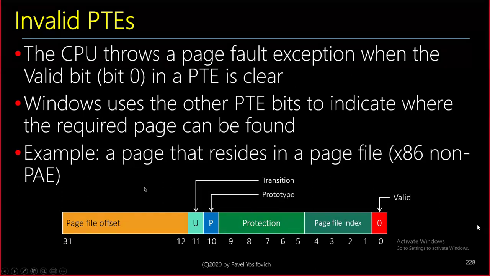What I'm showing here is the invalid PTE for the classic 32-bit Windows kernel. Of course, in today's PTEs, they are 64-bit long, but the same idea applies. The page file offset is stored where normally the offset to the physical memory is stored, so that the memory manager can quickly get to the actual data when needed. And again, these bits are used by the memory manager in any way it sees fit.